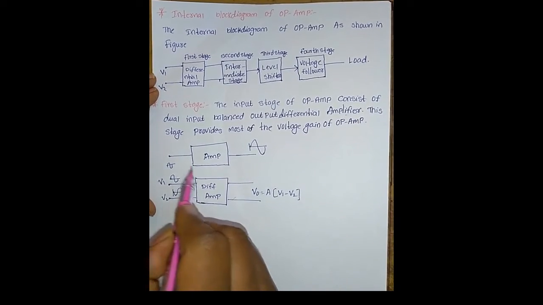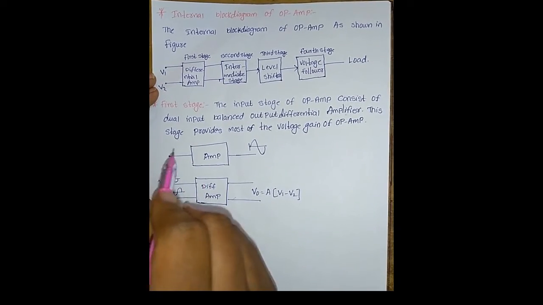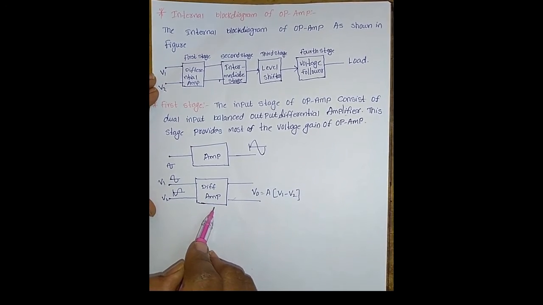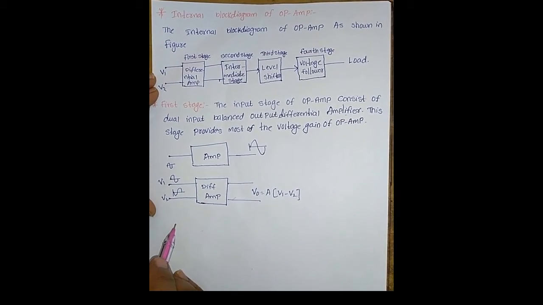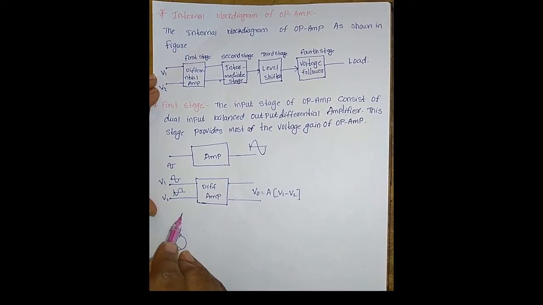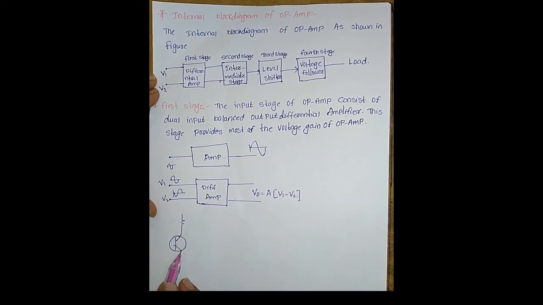So in the operational amplifier internal block diagram, we are using this differential amplifier. Now we draw the circuit diagram of the differential amplifier. It consists of a pair of BJTs. Here we connect one BJT, and here we consider another BJT.